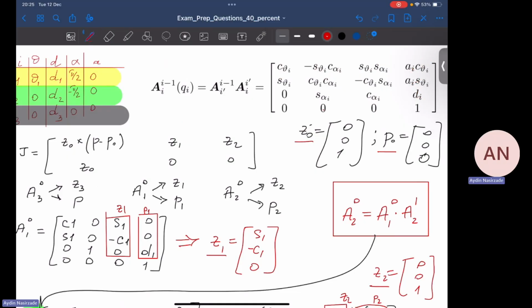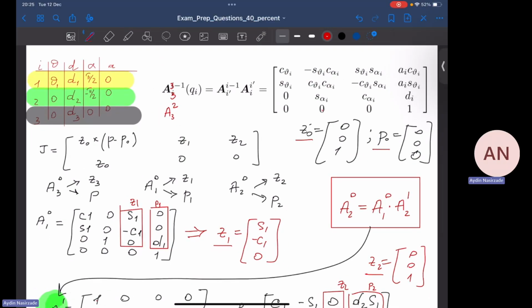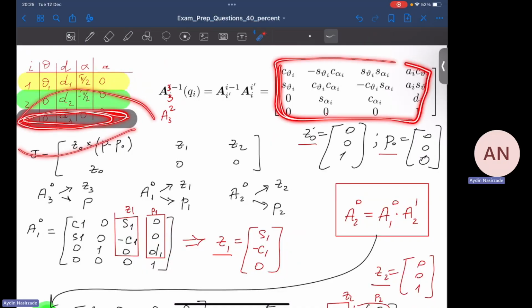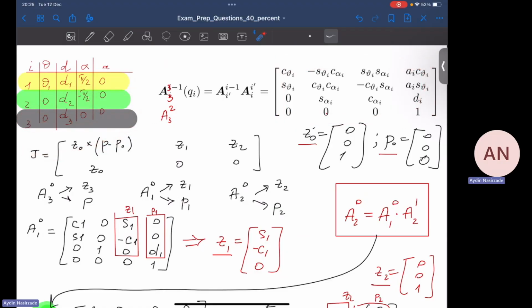Okay, i is 3 now. It's going to be 3 minus 1. So we get A3 to 2. And it's equal to, using the last piece of information from the DH parameter table, this one. Okay, let's substitute all of the variables to this matrix. So theta 1 is 0. So it's going to be 1.